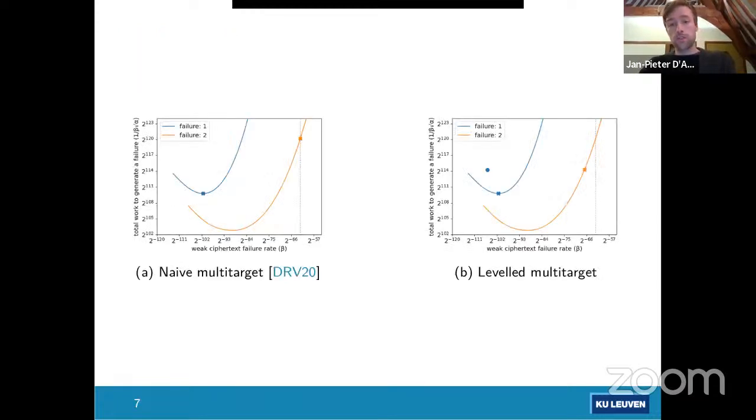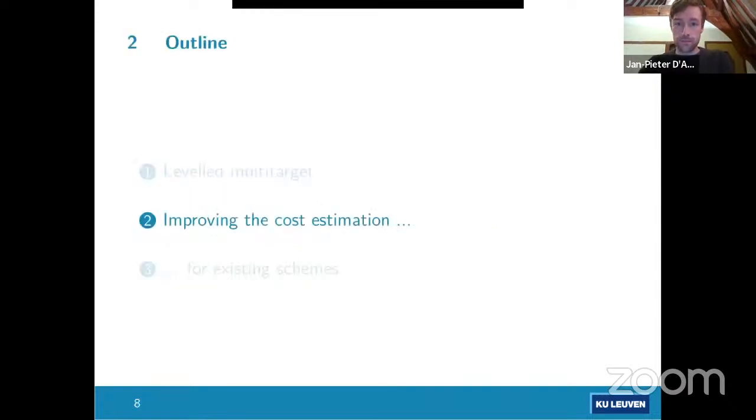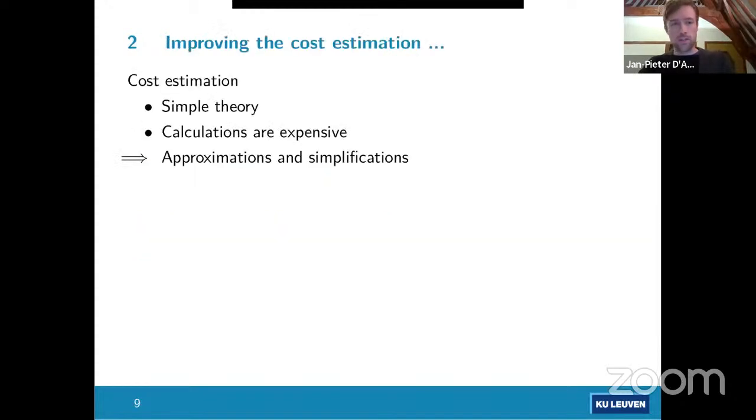In our paper, we introduced a leveled multi-target attack that in some cases improves on the previous attacks by doing more pre-processing work in the first stage, and then reducing the work in the second stage.